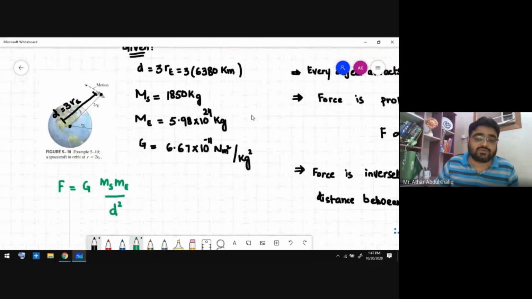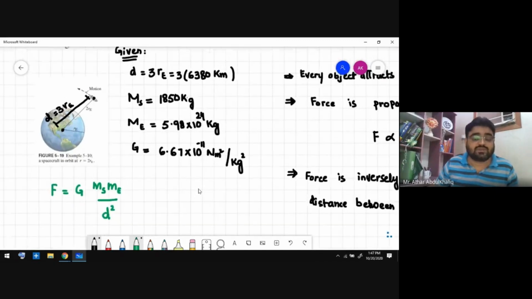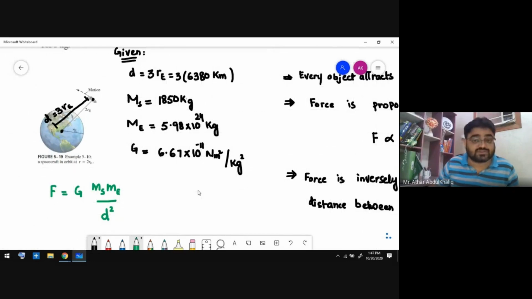So when we are going to convert kilometer into meter, it is 10 to the power 3. 10 to the power 3 meter is 1 kilometer. So what can I do? At the same point, I just can write it as 3 times 6.38.